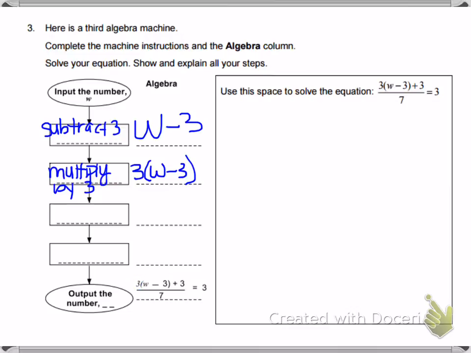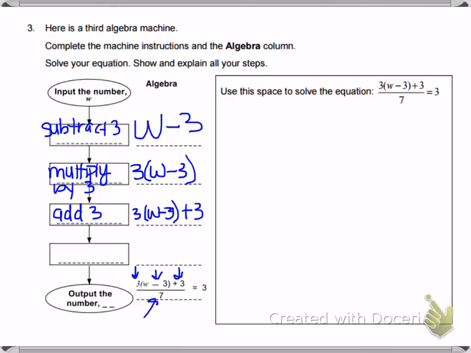Okay, let's come back down here and look at what might have happened next. Well, we subtracted 3, then we multiplied by 3, then it looks like we added 3. So now we have 3 times the quantity w minus 3, close parentheses, and then plus 3.